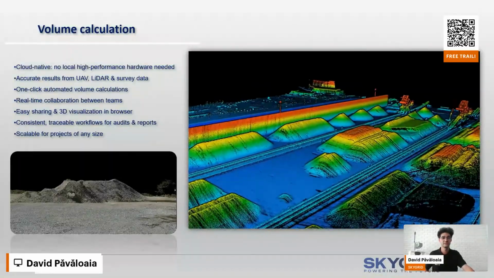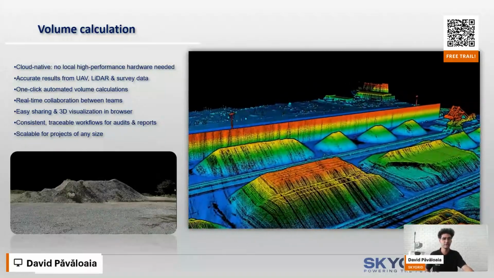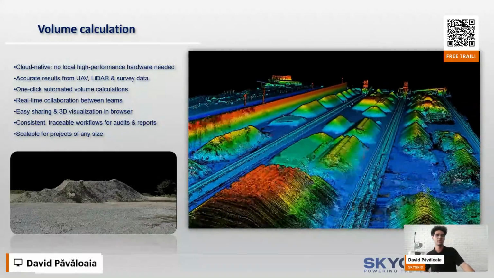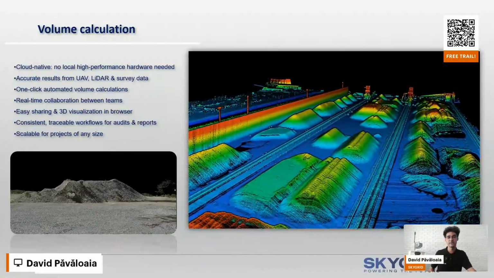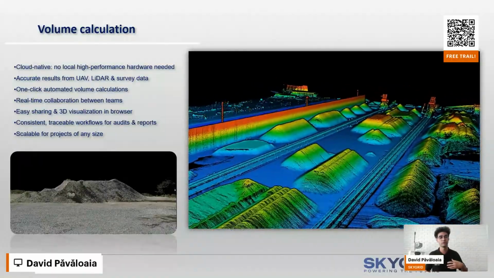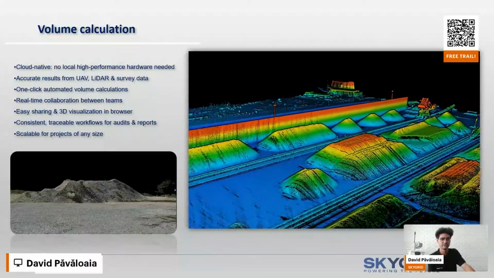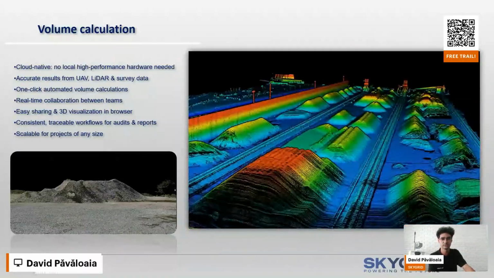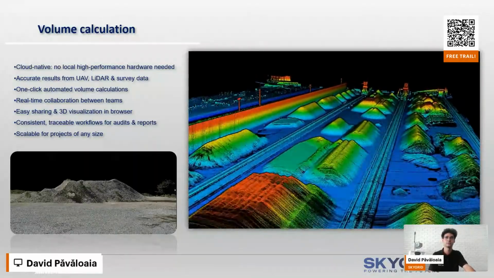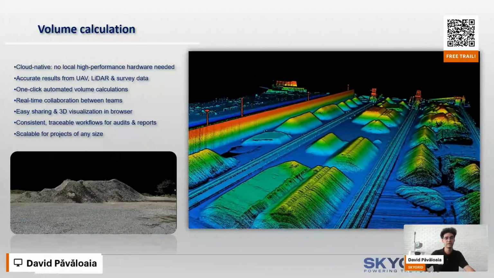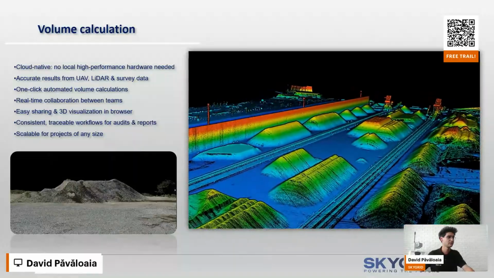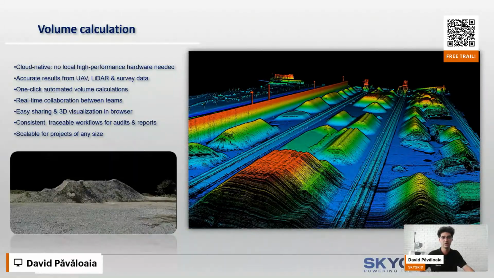The platform succeeds in delivering accurate results from UAVs, LiDAR, and surveying data. But what makes it stand out from my point of view is the one-click processing for volume calculation, which saves a lot of time and also minimizes errors. And also the fact that teams can collaborate in real time, reviewing and validating results directly in the cloud is really amazing.